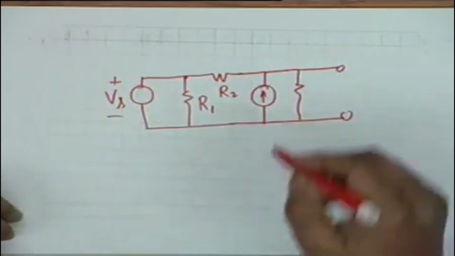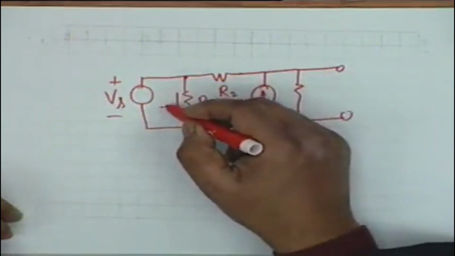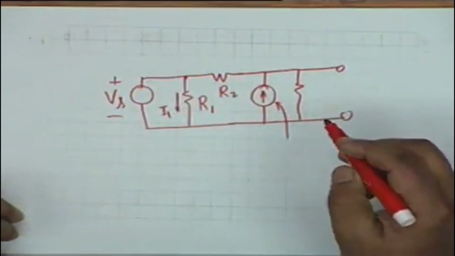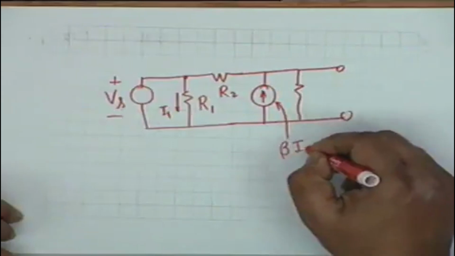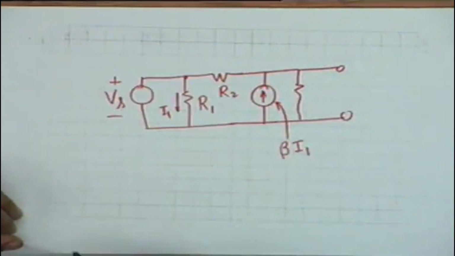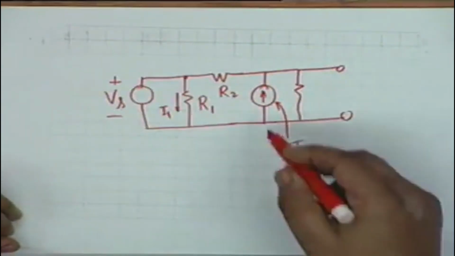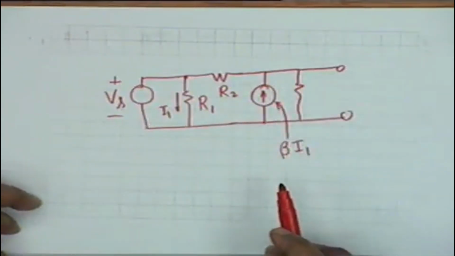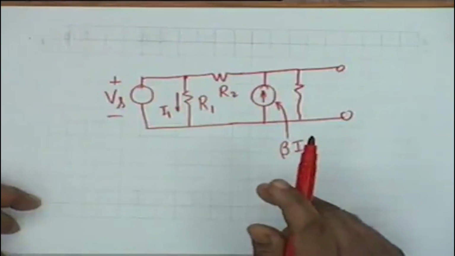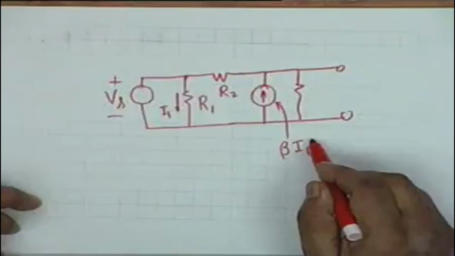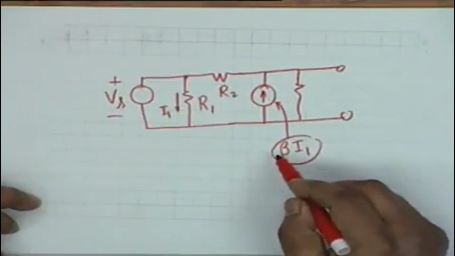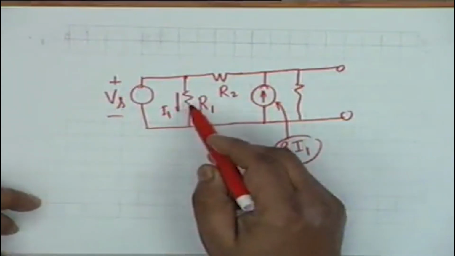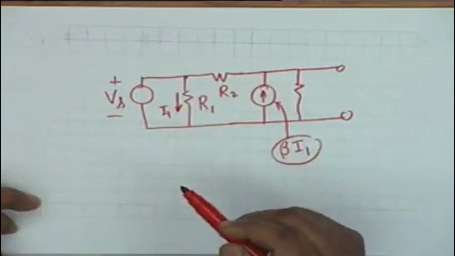Suppose this is my circuit where this current is I1 and this current source is, let's say, beta times I1. Agreed? Beta times I1. Then this current source is not an independent current source, because the current generated by this beta I1 depends on the current at some other point in the circuit, the current through R1.